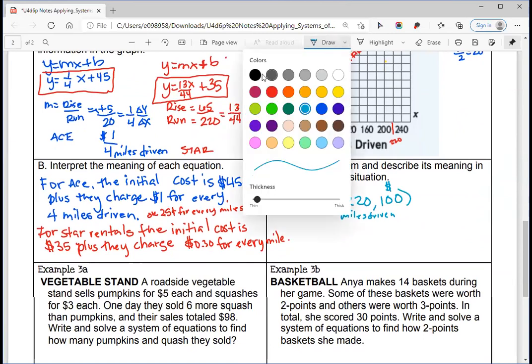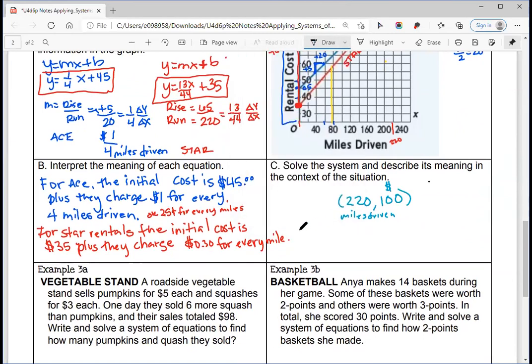And so I guess the way that I would say it is, if I'm going to drive 220 miles, my cost would be $100, regardless which company I chose.